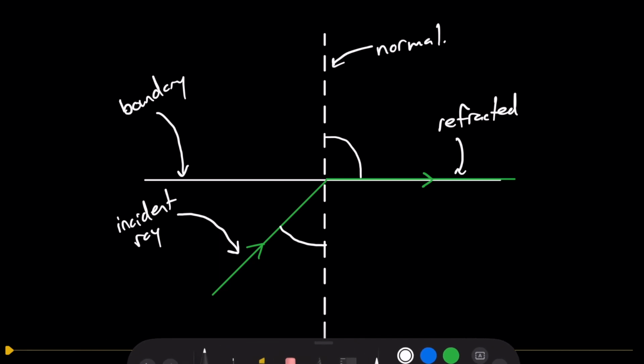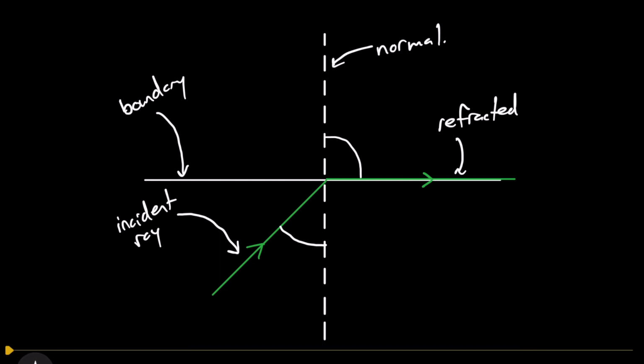Okay. So we said that the angle of refraction is going to be 90 degrees, and in this diagram, that looks correct. So we have our angle of refraction here. Remember, it's always measured from our refracted ray to our normal. That looks like a 90-degree angle to me.